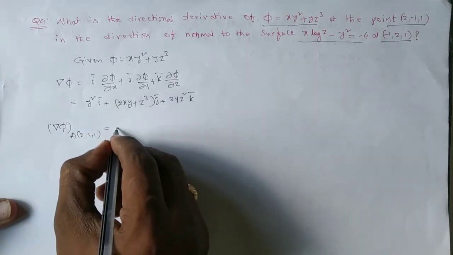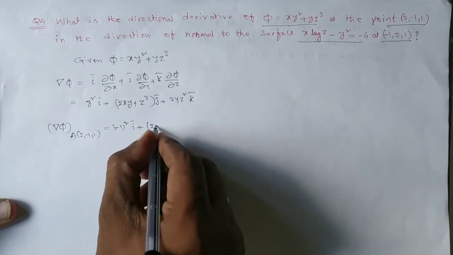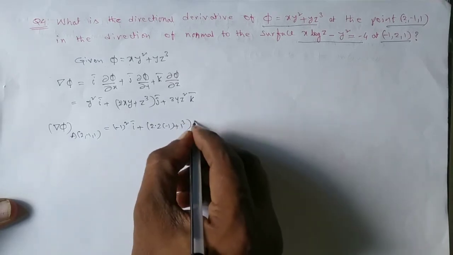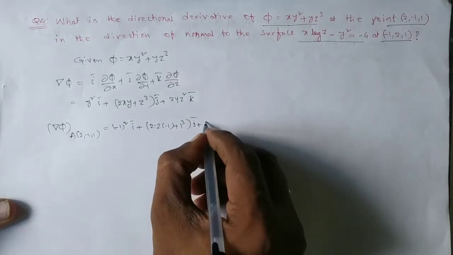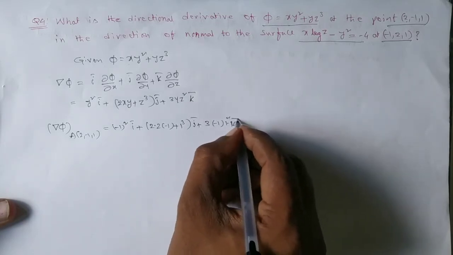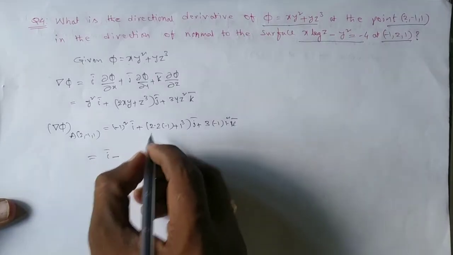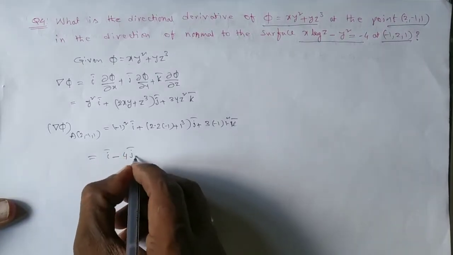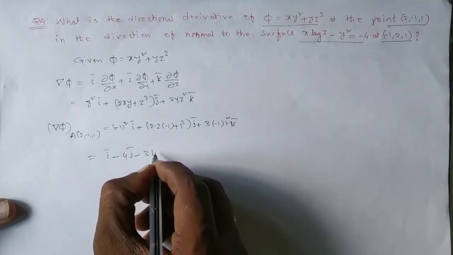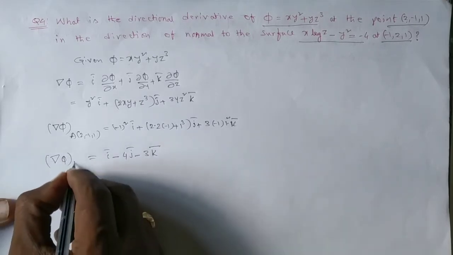So we can have, it is -1 whole square into i bar plus 2 (x is 2) into -1 plus 1 cube of j bar plus 3 times -1 into 1 square into k bar. So on simplifying, it becomes i bar minus 4 j bar minus 3 k bar. This is our gradient of phi at the point A.